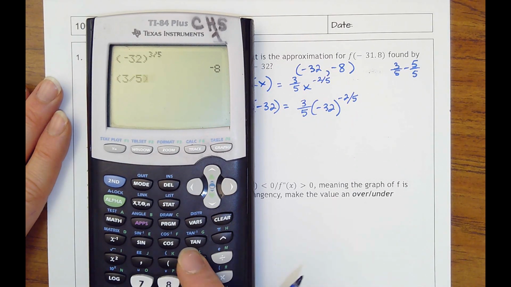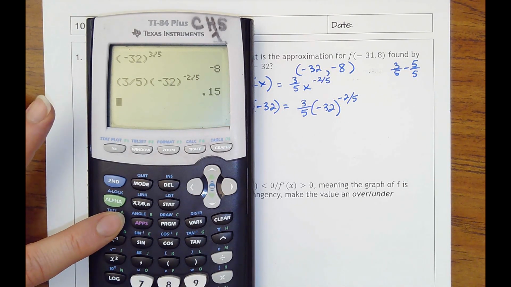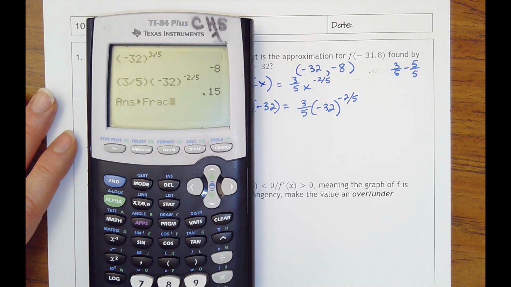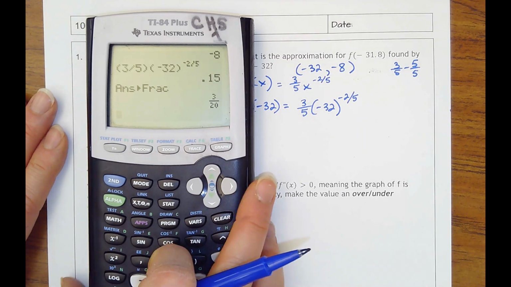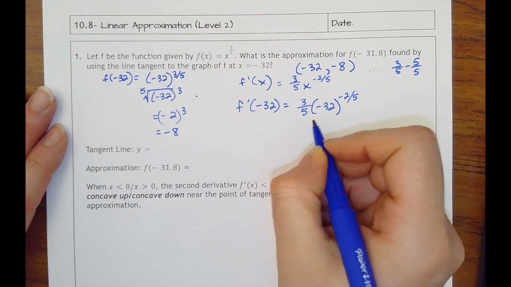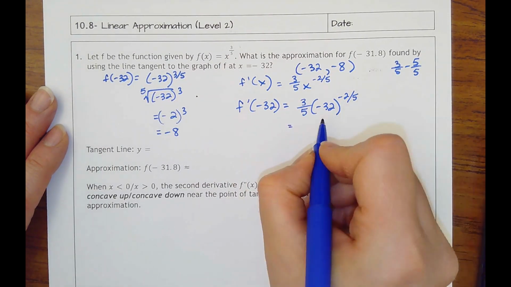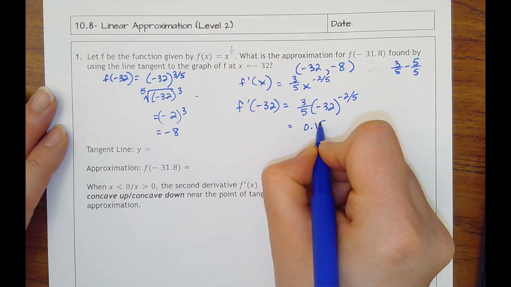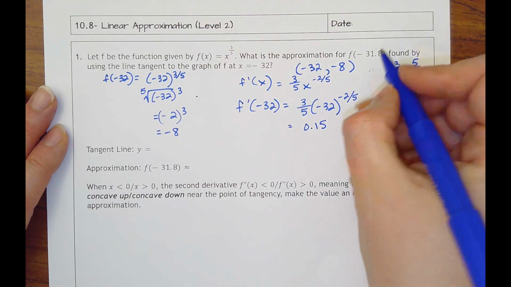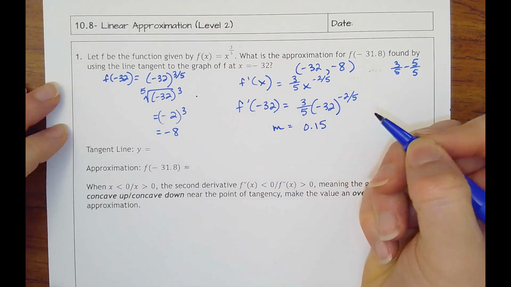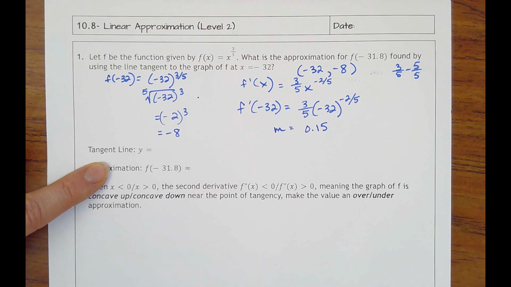I would do 3/5 times negative 32 to the negative 2/5. And so we can use the decimal, or it gets that 3 over 20. Let's do decimal. So that's my m.